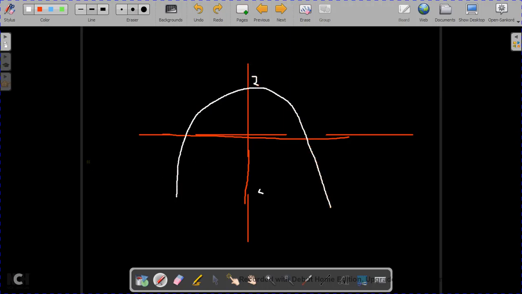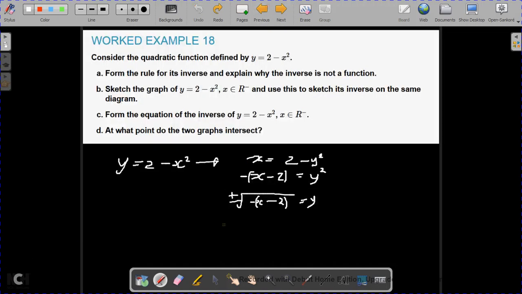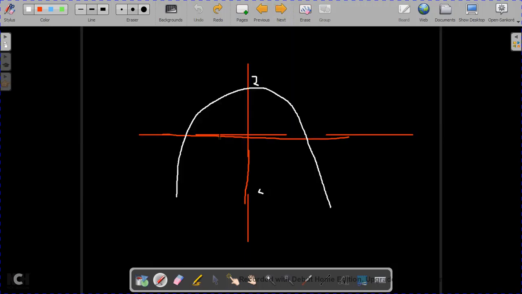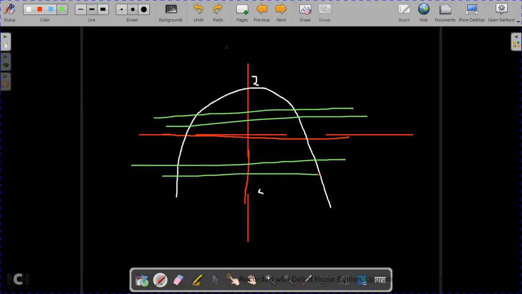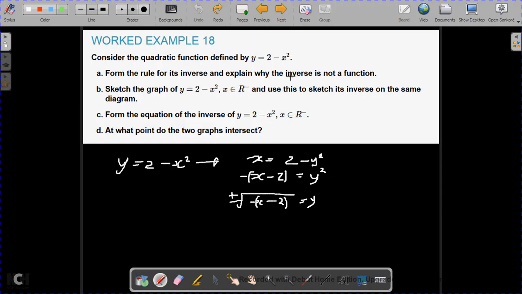Now, why can't our inverse be a function? Okay, from the rule, our original function has to be a one-to-one correspondence. If we do our horizontal line, okay, we get a many to one. Okay, so because it's not a one-to-one function, our inverse isn't going to be a function.